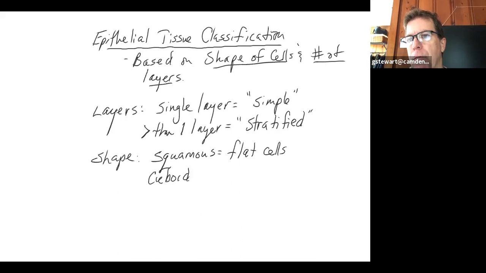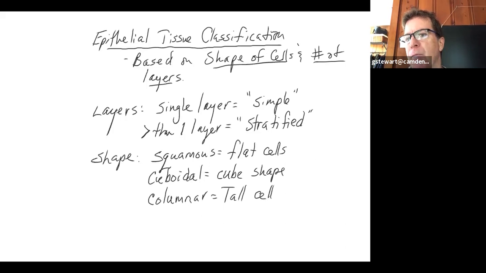Cuboidal means cube-shaped cells or box-shaped cells. And columnar means tall cells, column shapes. The word column is in columnar.